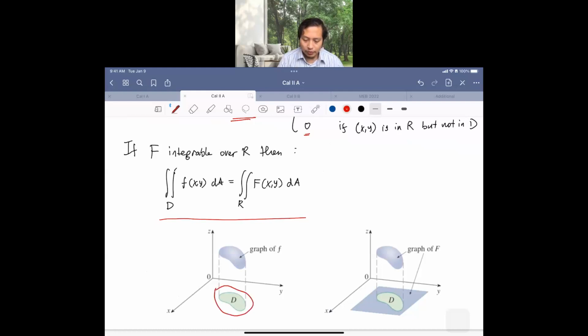But of course, we will have some difficulty making sure what the shape or the area of D will be, because D can be any shape, right?